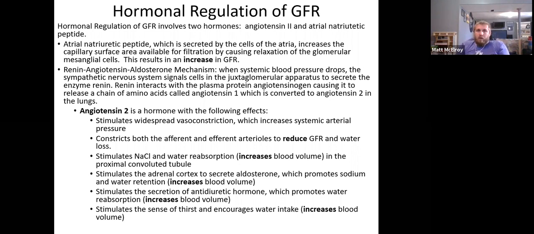Okay, we learned in that lecture that atrial natriuretic peptide is secreted by cells of our heart's atria, the two upper chambers. Not only does it influence blood pressure, but it's going to influence GFR. Okay, we learned that atrial natriuretic peptide is secreted in response to basically excess blood. Okay, high blood volume. So that's going to affect blood pressure.